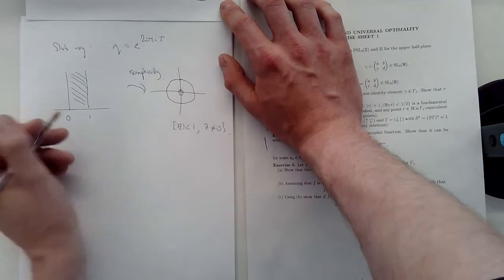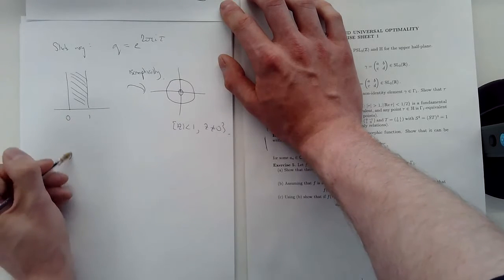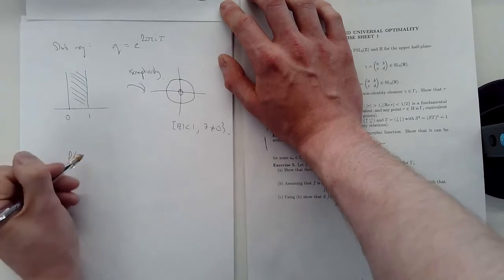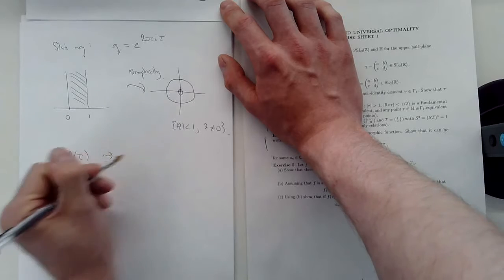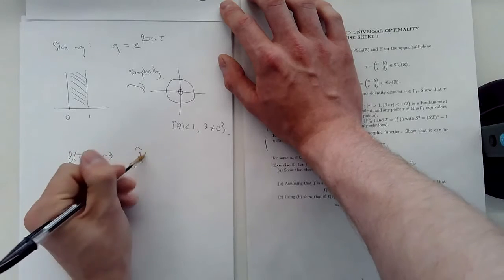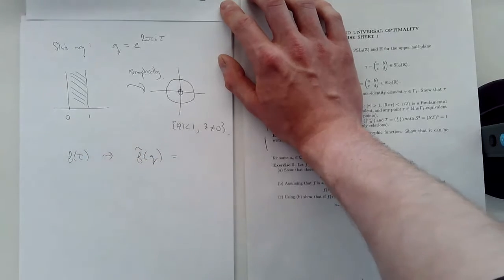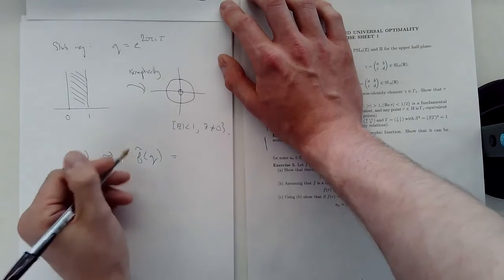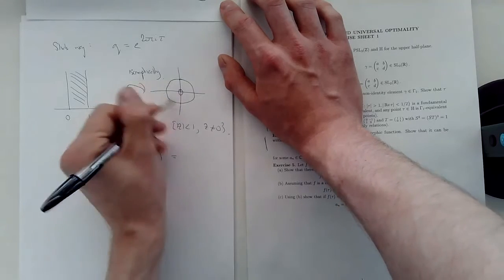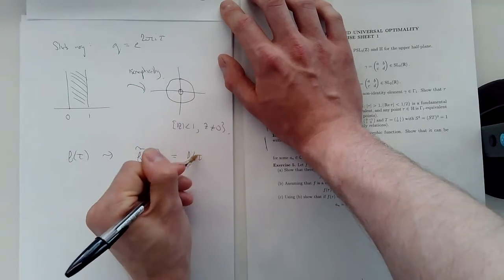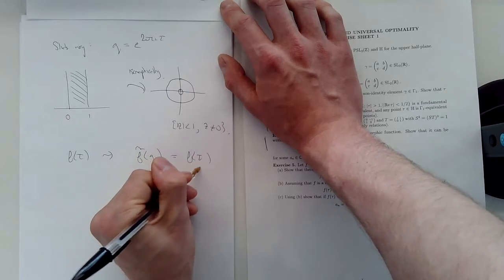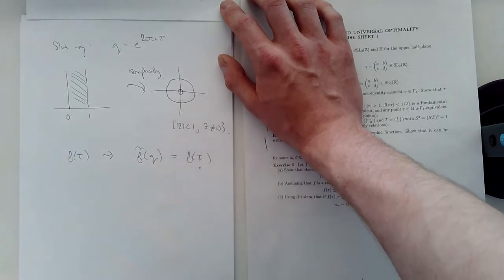So now we can take the function, which we know is one periodic, and use this to define a related function of q, just by saying the function on this disk is going to be the corresponding value in the strip.